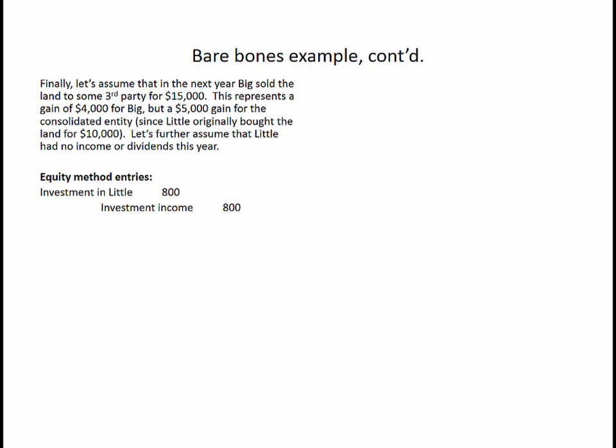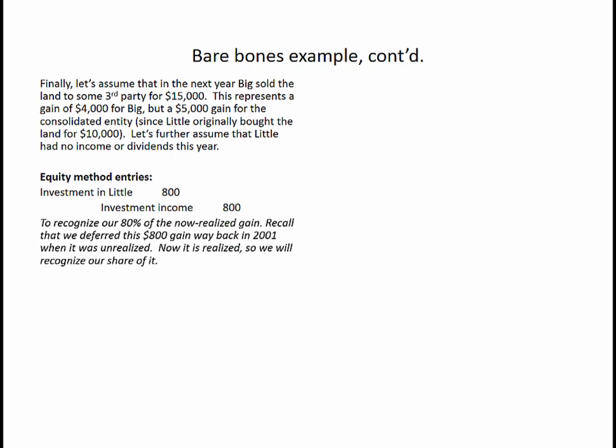If you recall, back in 2001, there was a $1,000 gain on sale, but we said no, that's not realized, we can't recognize it, so we took it away. Now it's finally been realized because the earnings process has been completed, the land has been sold to some external third party, so now we're finally allowed to recognize our share of that $1,000 gain.